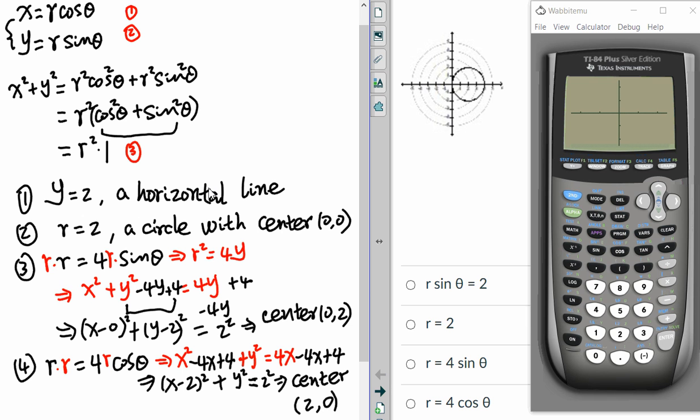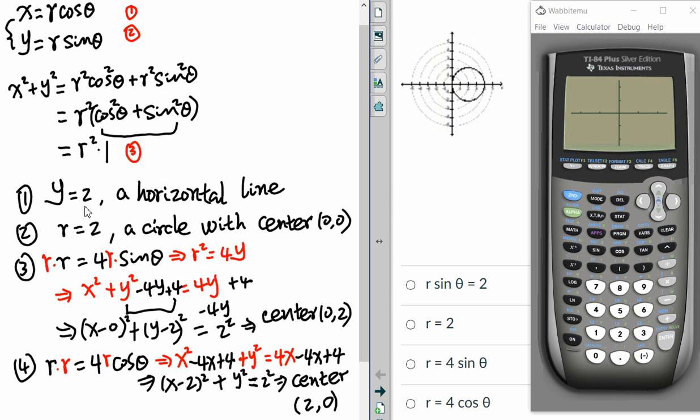The first one here we have is r times sine theta is 2. But we know r times sine theta for the identity is y. So the first one basically tells us y is 2.